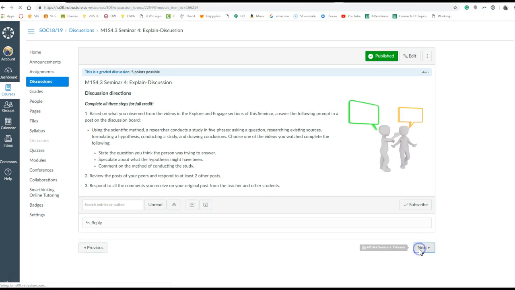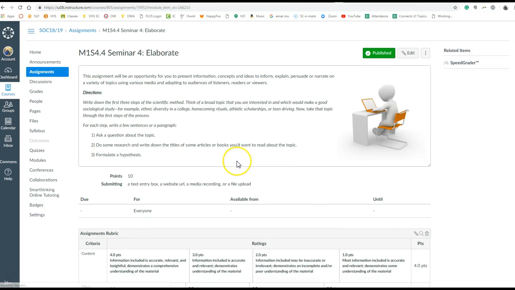All right. Next, what I want you to do for this is write the first few steps of a hypothesis, and you are going to make your own, okay? So when you think about a broad topic, make sure that it's something that you care about, all right? So it could be teenage pregnancy in high school students, or cyber versus brick and mortar students, or whatever you're interested in.